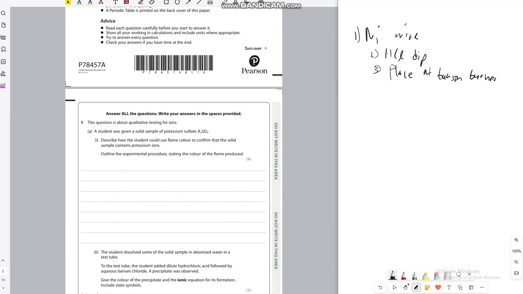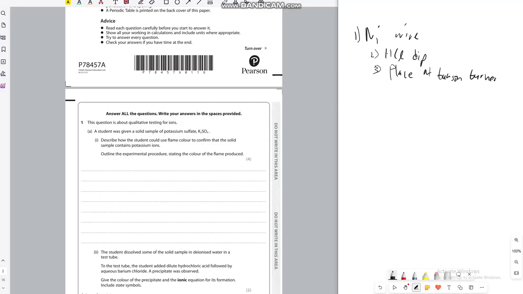Then when we are sure that there's no color given out by the nichrome wire, then you have to get the nichrome wire and dip it again in hydrochloric, because the metals which are giving flame colors, all those metal cations, they are soluble in chlorides.